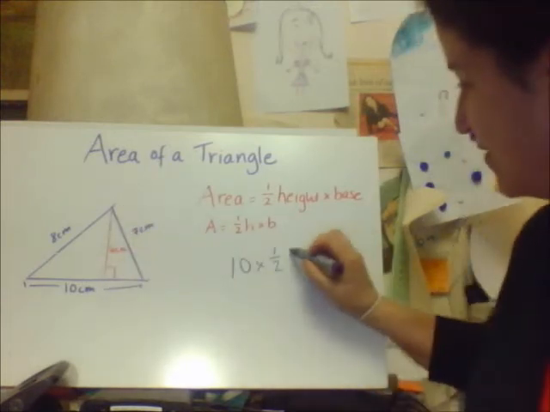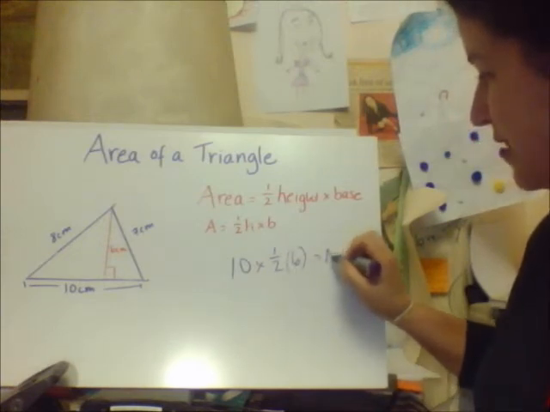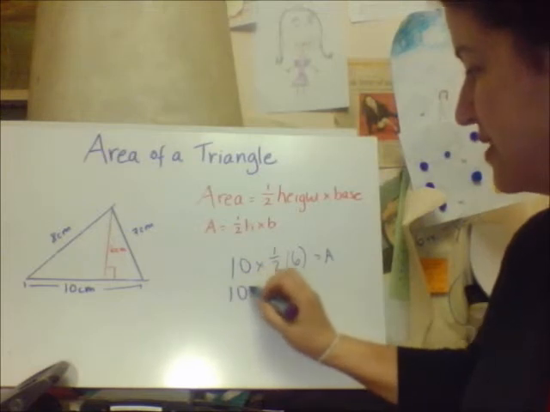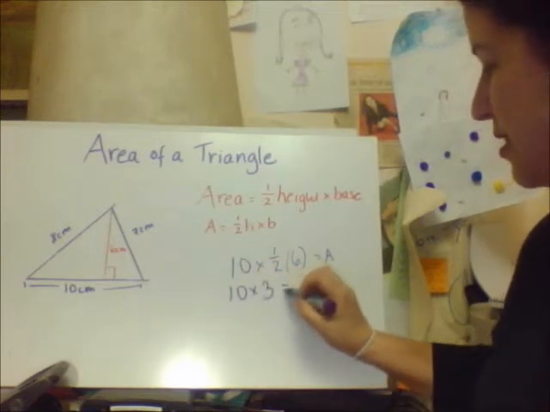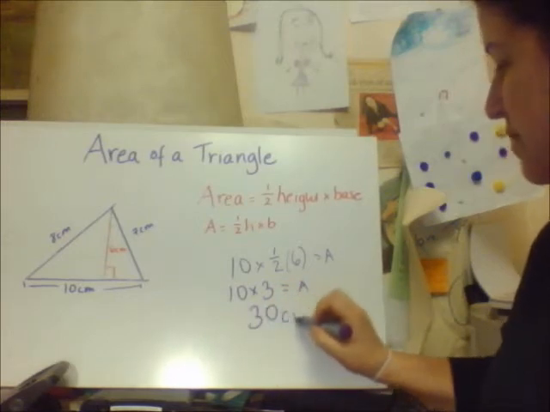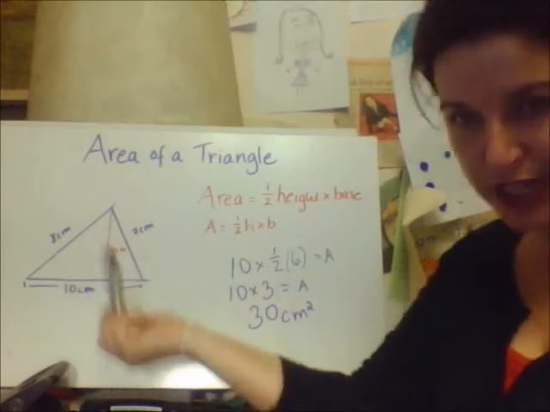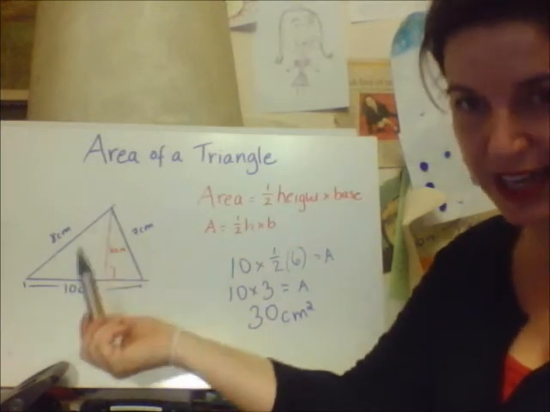So half of 6 is going to equal our area. So 10 times 3 equals our area, so it must be 30 centimeters squared. So this triangle is 30 centimeters squared in area.